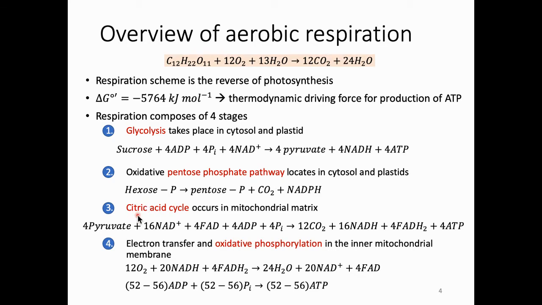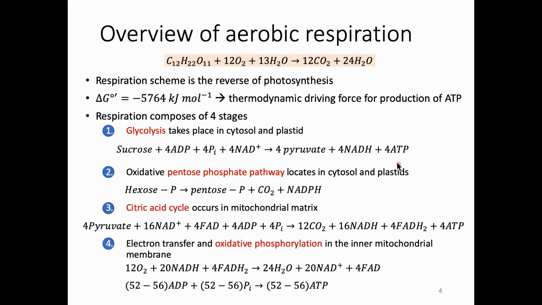The tricarboxylic acid cycle takes place in the mitochondrial matrix. The matrix is the innermost space of the mitochondria, and from pyruvate you will get carbon dioxide, the two forms of reducing power, NADH and FADH2, and you gain a little bit of ATP.